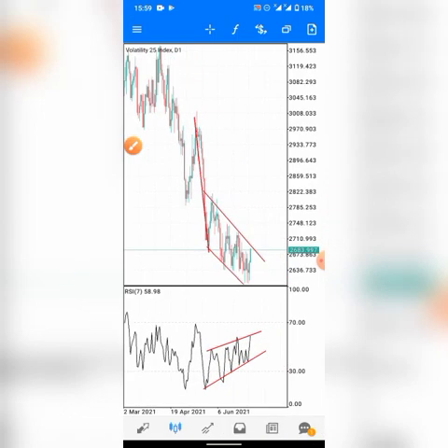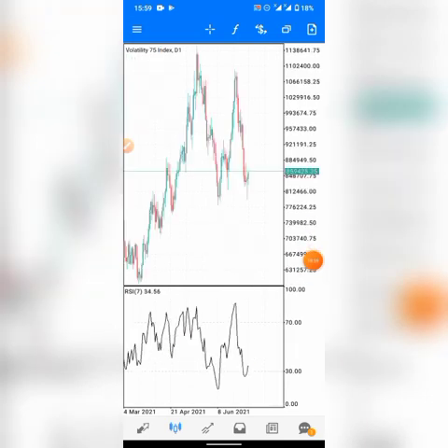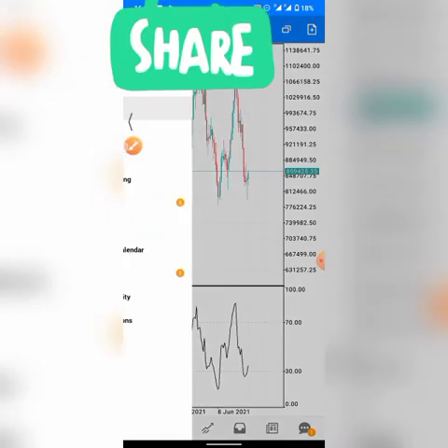So let's take one more example. This example will be different because we're not using a trend line or support resistance or any formation here. I just want to give this as an example. So let's say we spot something here.